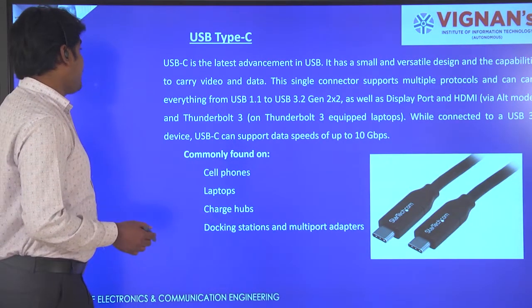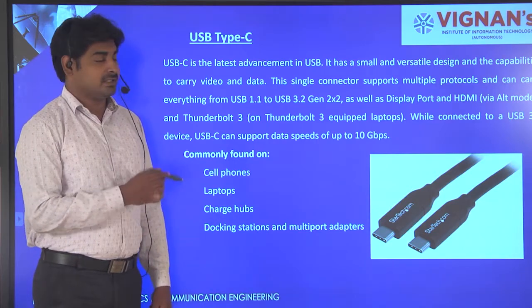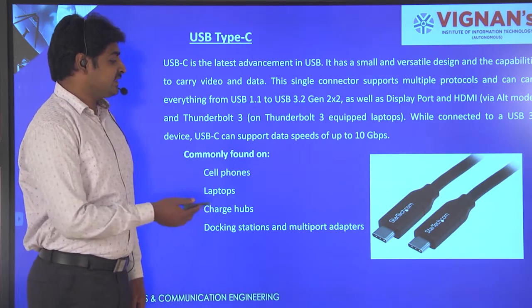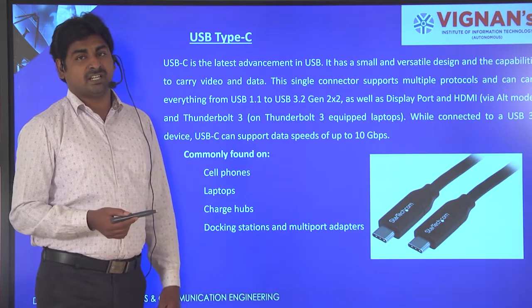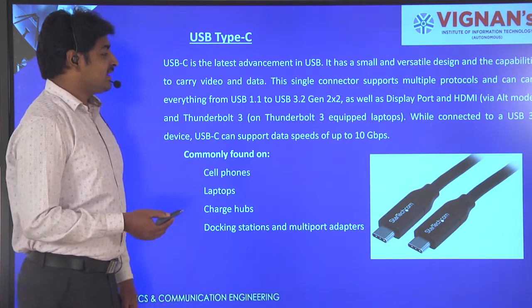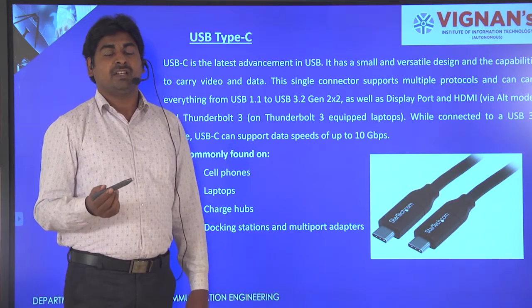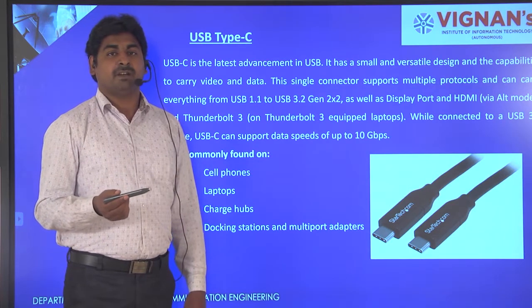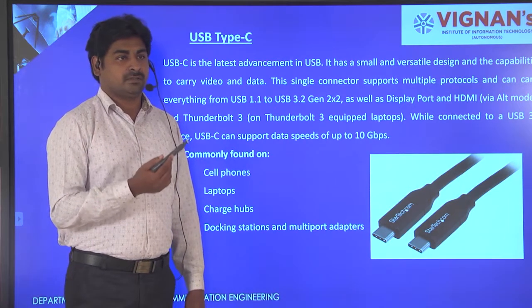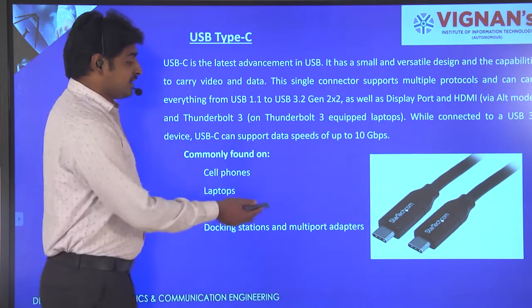Similarly, type C is the latest development in this USB category. Even nowadays we see phones coming with type C connectors, because type C connectors have several advantages. They can support a wide range of data rates running from 400 megabits per second to 20 gigabits per second.